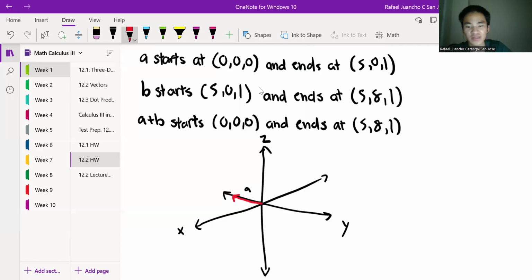So I don't move my X at all, so I'm not moving back and forth. But my Y, I'm going to move 8 times. So I'm going to move here. My Z, I'm not going to move anywhere, so I'm not going to go up. Starts here, goes here. Okay, so it's like a 3D thing. I can't even see it from this angle. And then my A plus B is there.